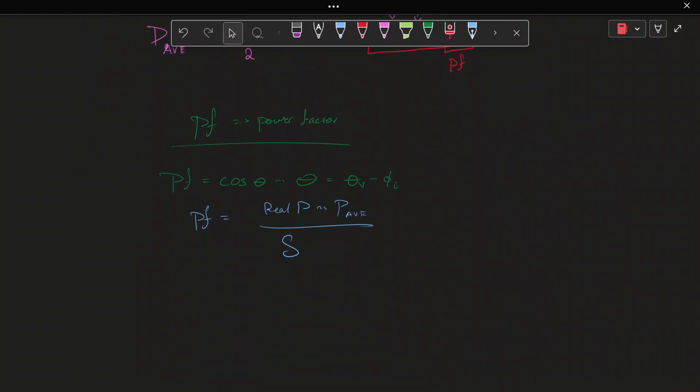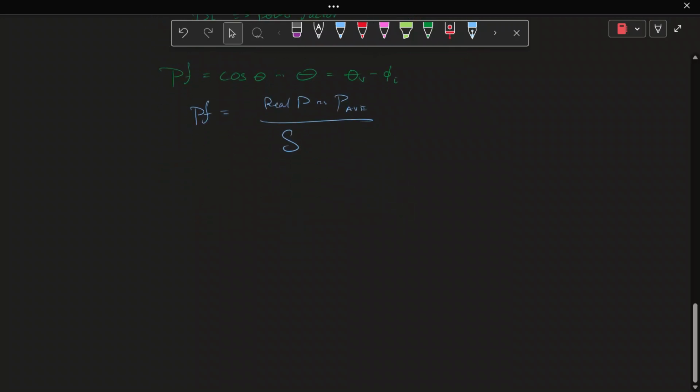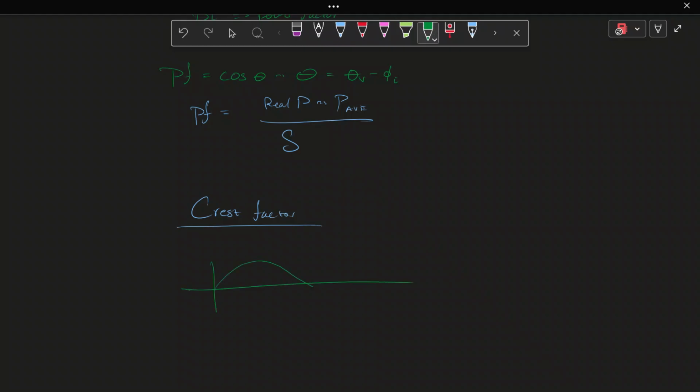Now, that's going to be pretty much everything for power computations. I guess we could also talk about one last thing called the crest factor. This can be mostly seen whenever you draw a figure or a waveform. So if you have some sort of sinusoidal waveform here again, we have our Vm, our amplitude.